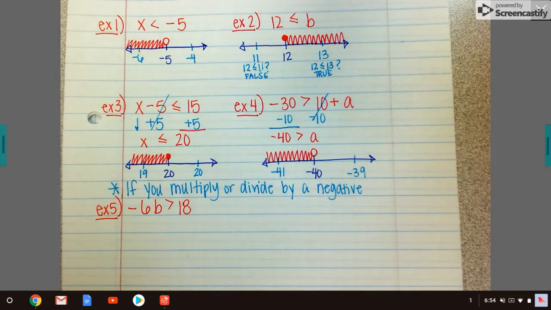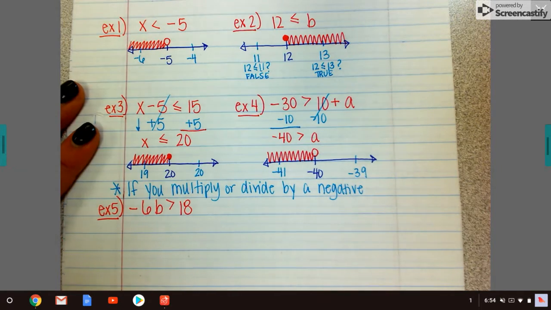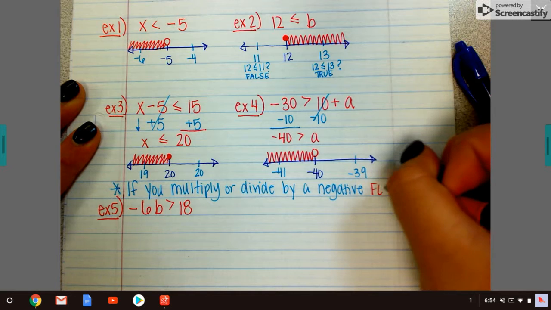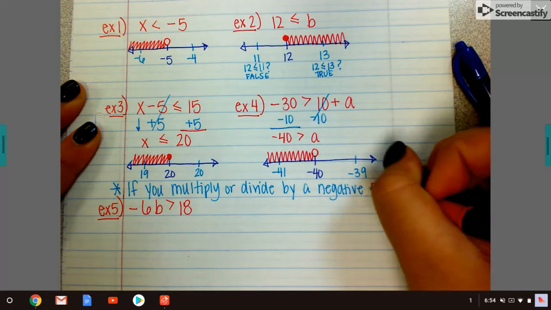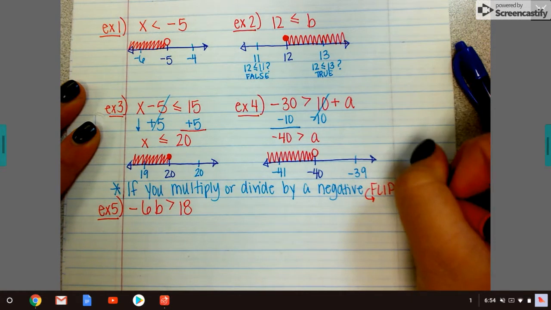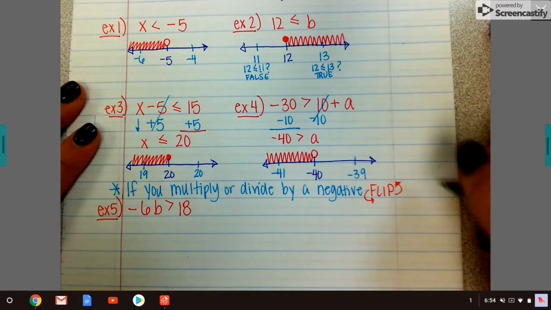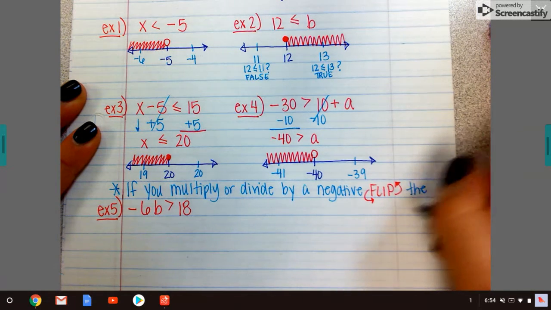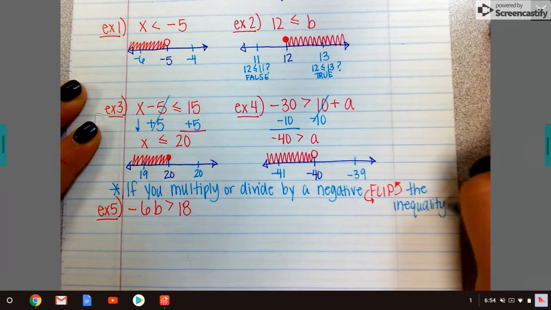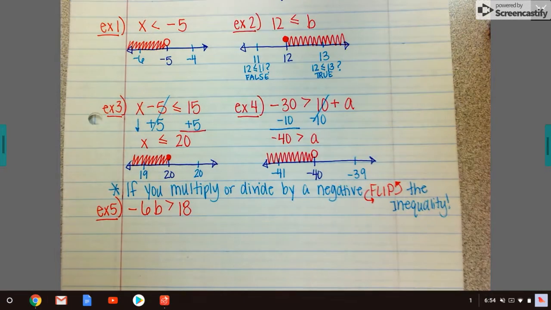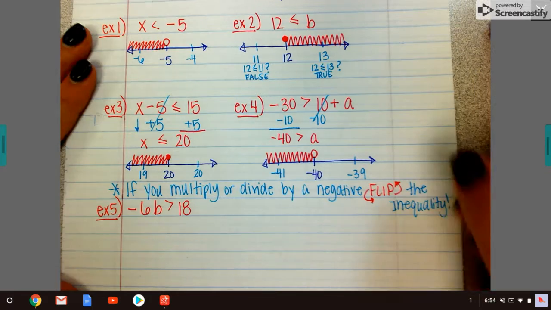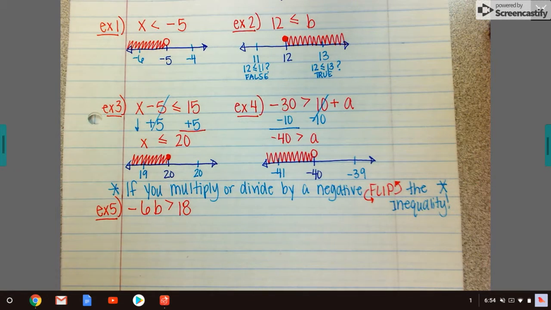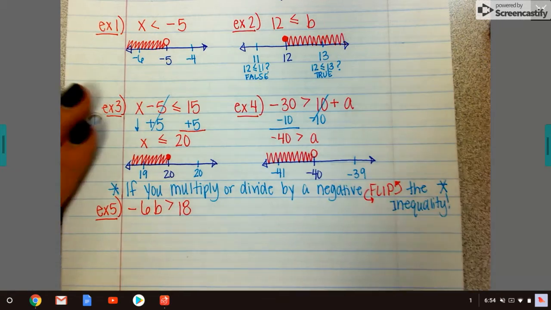So if you multiply or divide by a negative, then you need to flip the sign. Or flip the inequality, I should say. All right, so that's the big thing we have to watch out for, is if the step that we're taking, we're multiplying or dividing by a negative, we need to flip our inequality to the other way around.